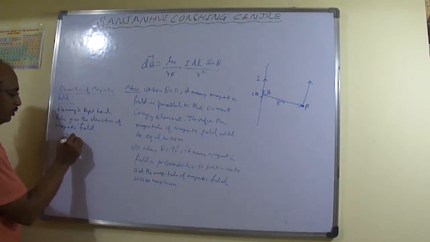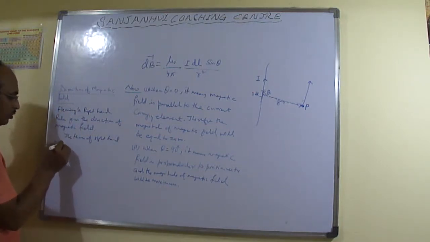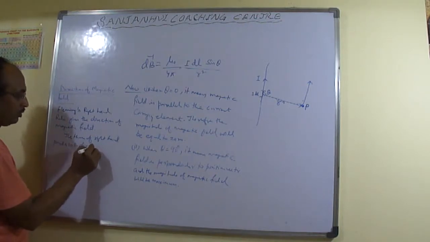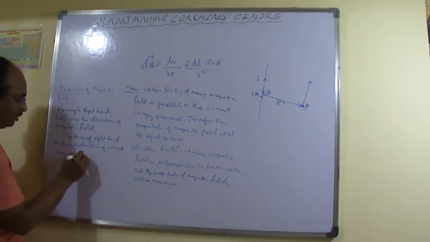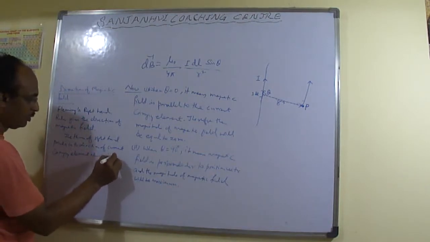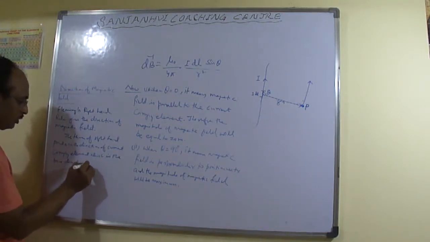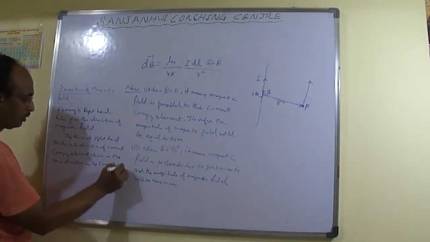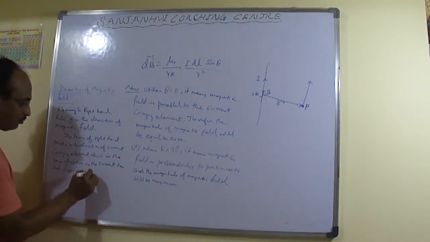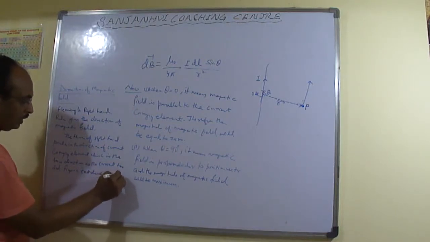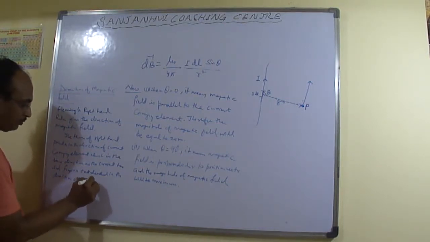So the thumb of right hand points in the direction of current carrying element, which is the same direction as the current has, and fingers extended in the direction of position vector r.